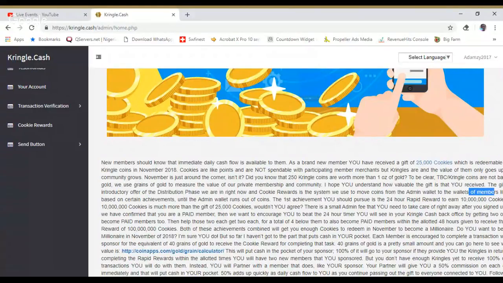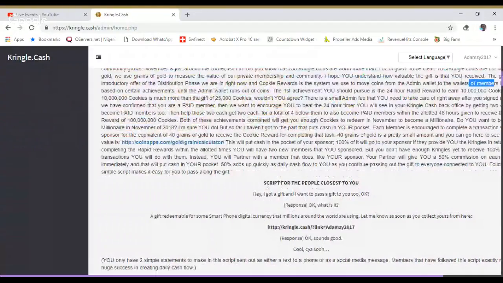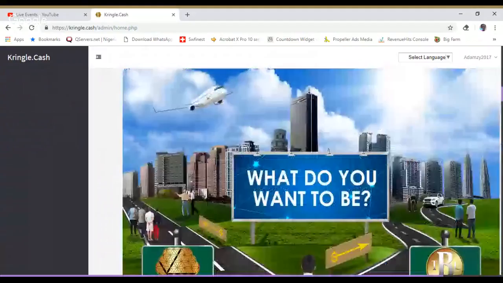All you need is to refer them. They will use their money to activate, and after activation, you get paid. You just do the broadcast and explain how it works, because people need to know much about how it works. So this is how far we can go in this broadcast.